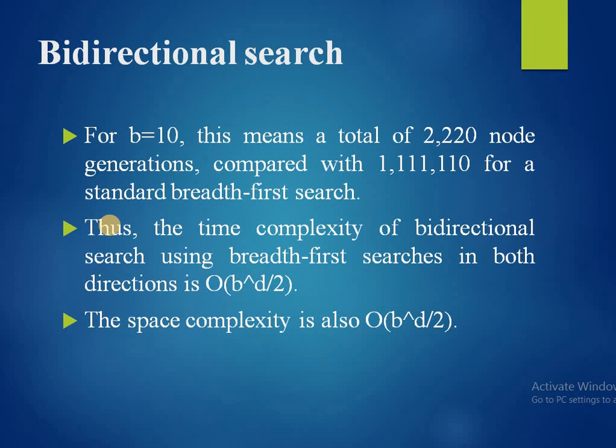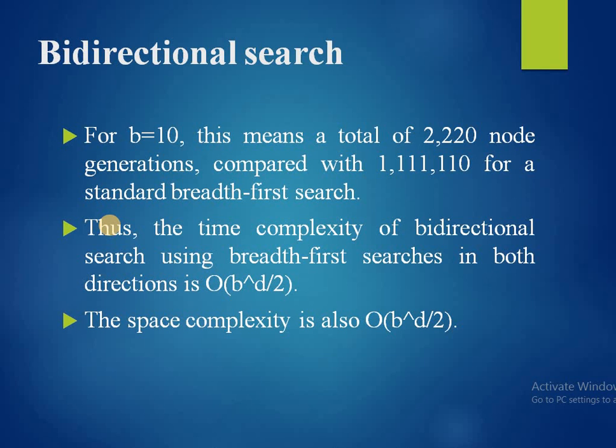For b equal to 10, this means a total of 2,220 node generations, compared with 1,111,110 for a standard breadth first search.